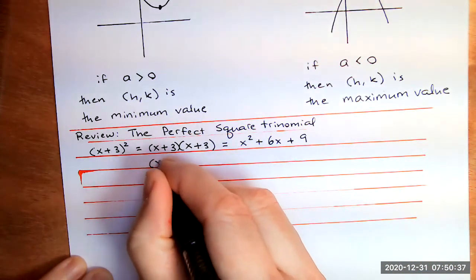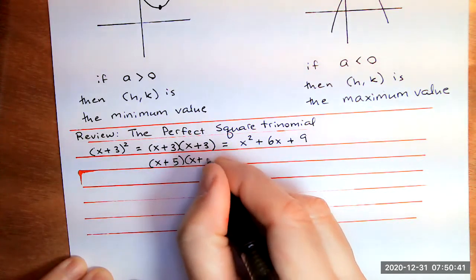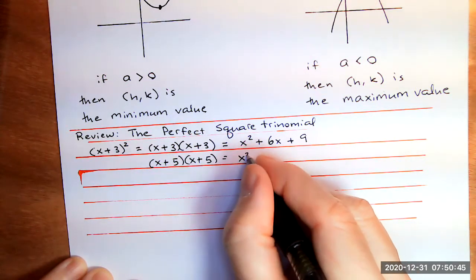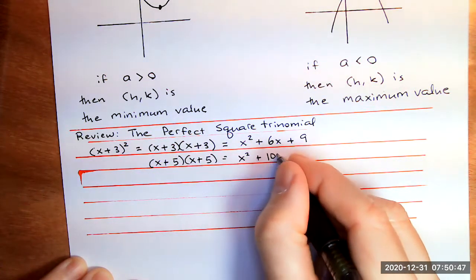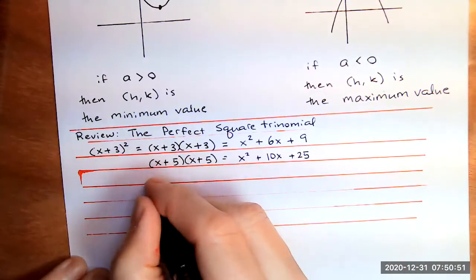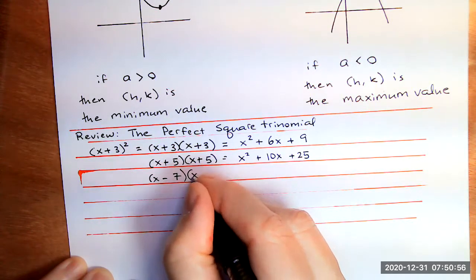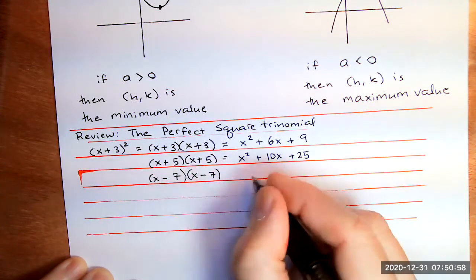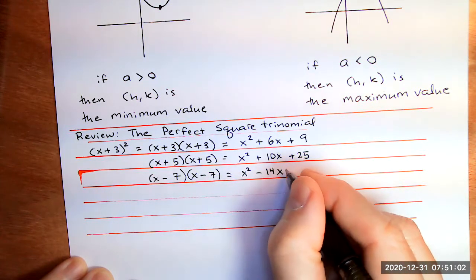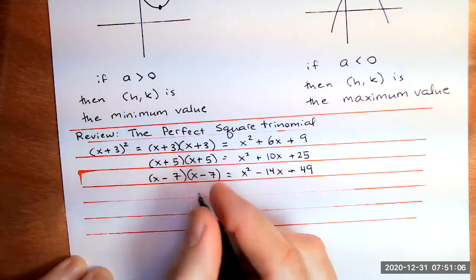X plus 5 squared is x plus 5 times x plus 5, which is x squared plus 10x plus 25. X minus 7 squared is x squared minus 14x plus 49.